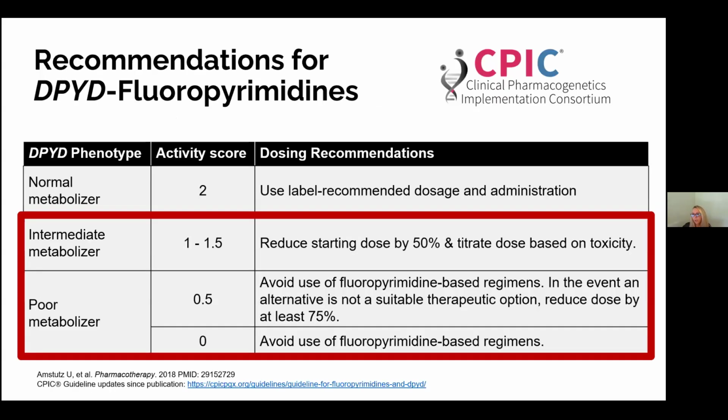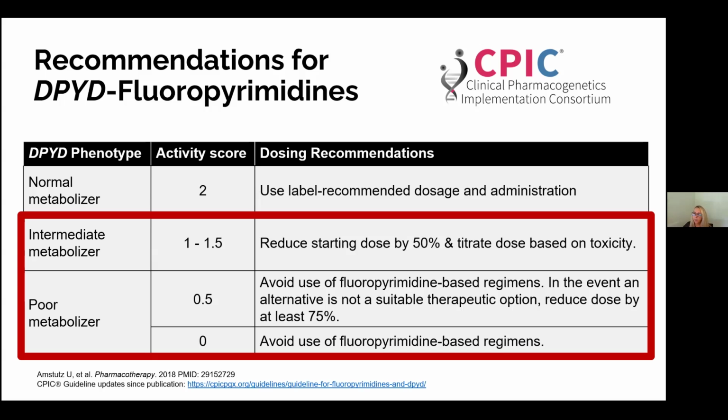The Clinical Pharmacogenetics Implementation Consortium, or CPIC, is an NIH-funded group that facilitates the creation of evidence-based, peer-reviewed guidelines. These guidelines are used to help clinicians translate pharmacogenomic results into medication prescribing actions.